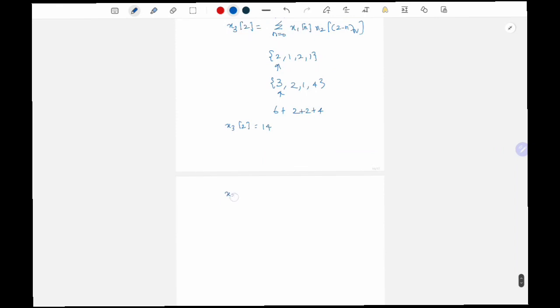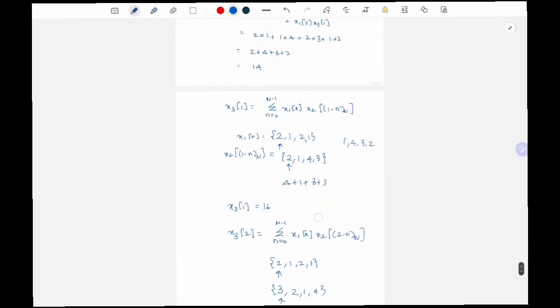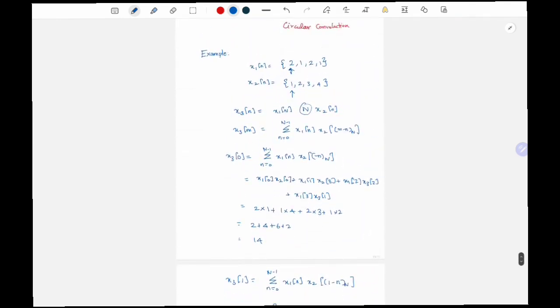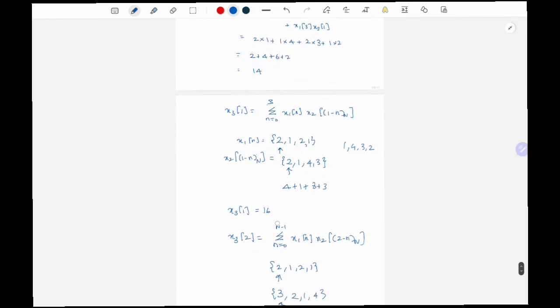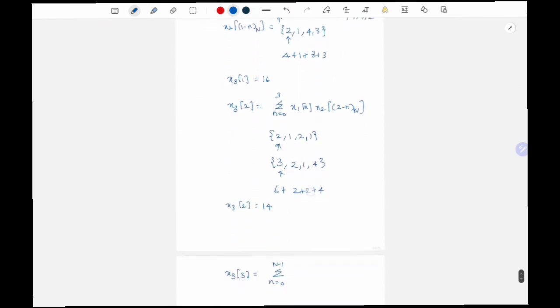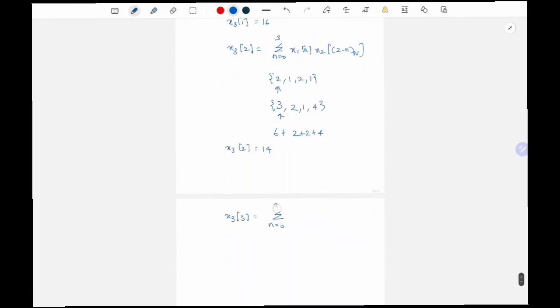Similarly, the last one, x3 of 3. If you take, you will have summation n equal to 0 to n minus 1. And here again, you needn't write n minus 1 because you know what n is. n is 4 here, so this will be up to 3. x1 of n, x2 of (3 minus n) modulo n.